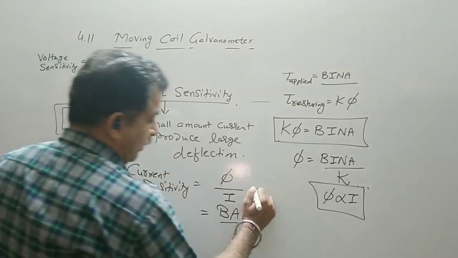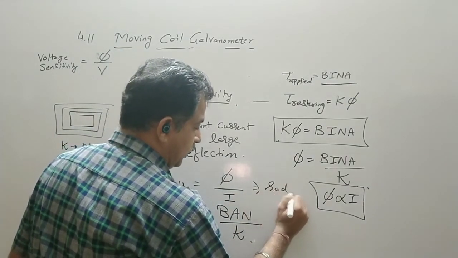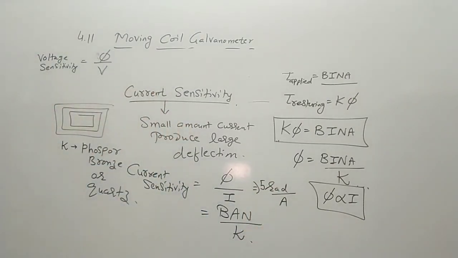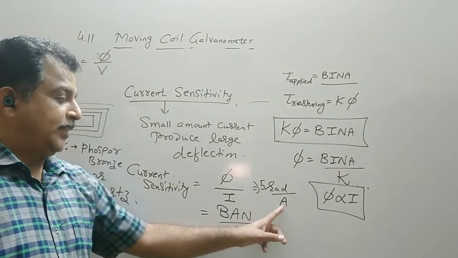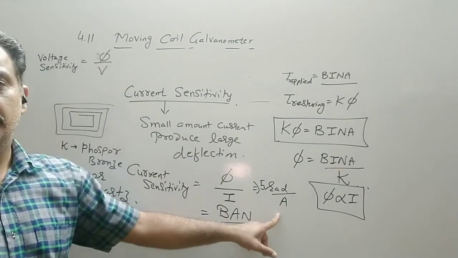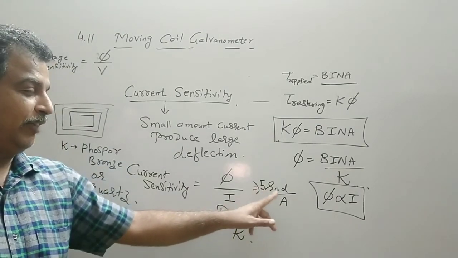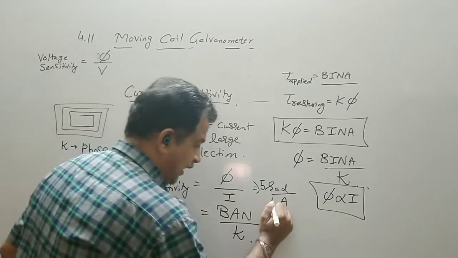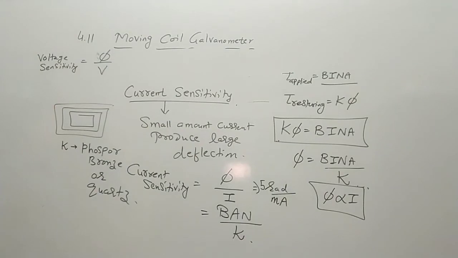See here the unit will become radian per ampere. So if I say 5 radian per ampere, it means passing 1 ampere of current will deflect the pointer by 5 radian. If the value is in milliampere, and the pointer deflects by 5 radian, then this should be 1 milliampere. So it is used for calibration.